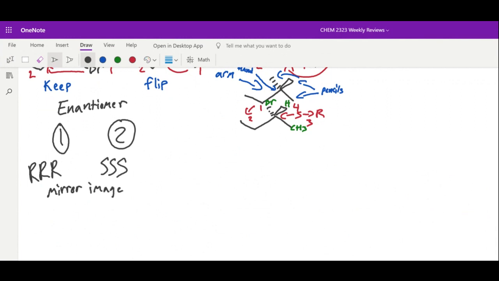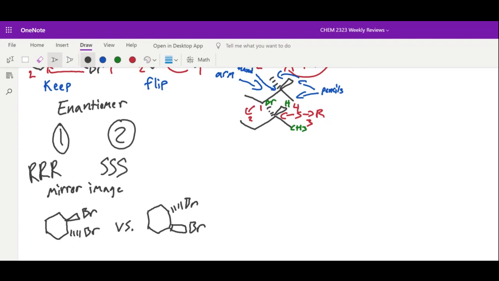Okay? So I'll give an example, and maybe you might have seen this already. If I have a bromine that's on a wedge there, and I have a bromine that's on a dash, and I'm comparing this to this.